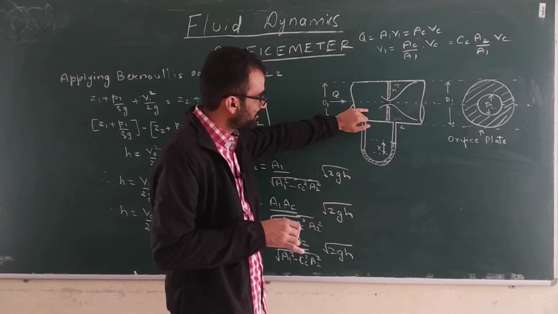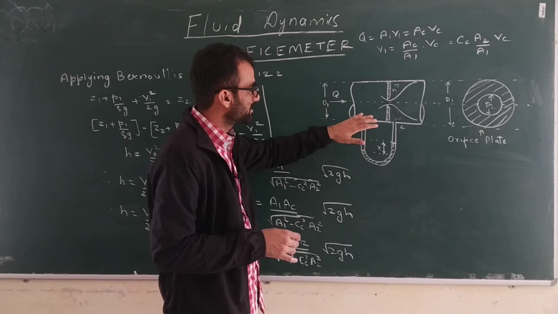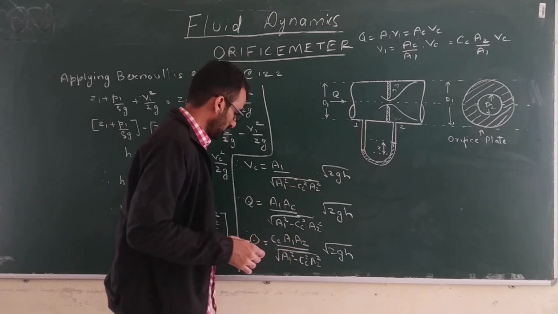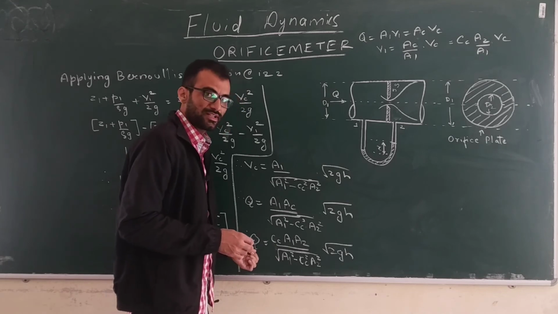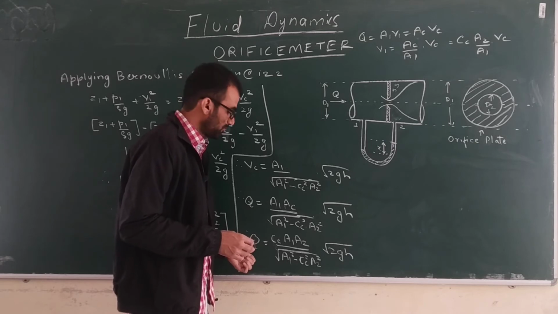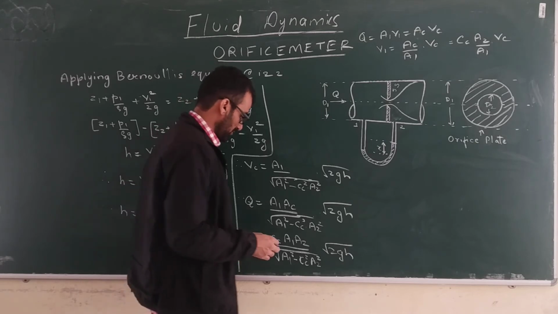Viscous dissipation also contributes to energy loss, which is reflected in the form of the drop in the pressure head. So that drop is not accounted in this equation. In order to account for that, we multiply this discharge by a coefficient of velocity here.